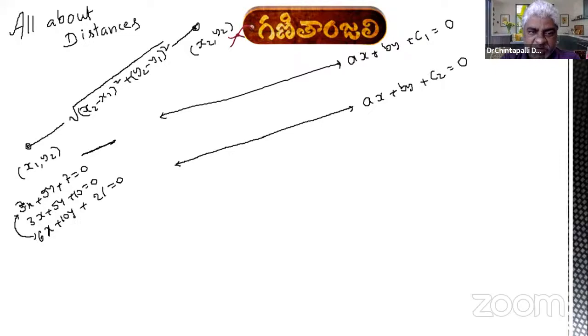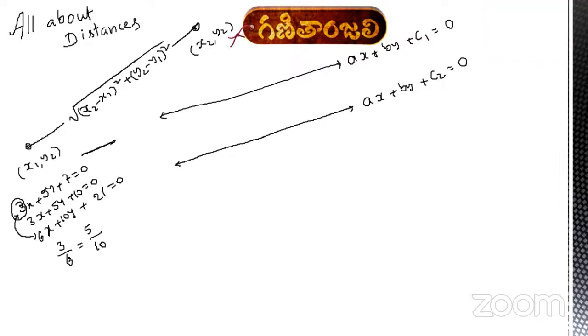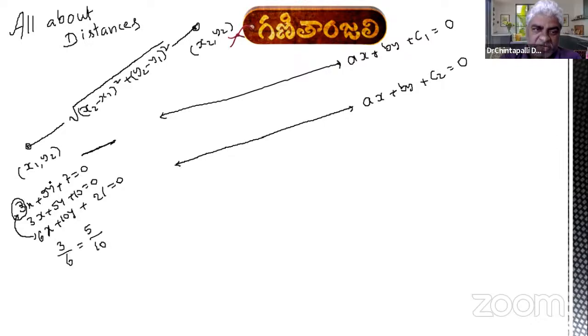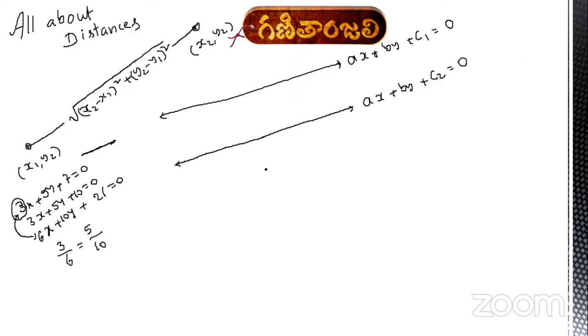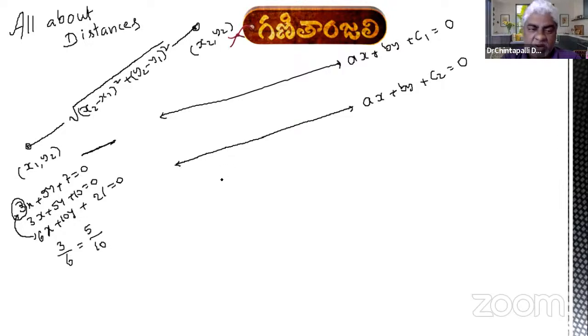Because x coefficient 3, here x coefficient is 6, 3 over 6. Y coefficient 5, y coefficient 10, 5 over 10. Equal ratio, proportional. That means 3 by 6 is equal to 5 by 10. So even if xy terms are not equal, they can be parallel if the xy coefficients are proportional, right?